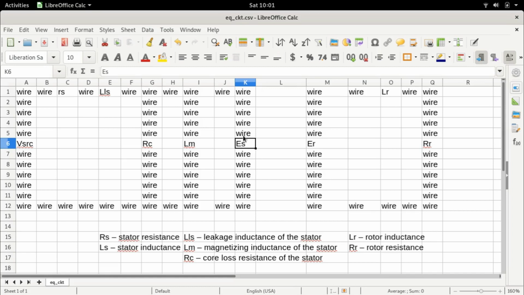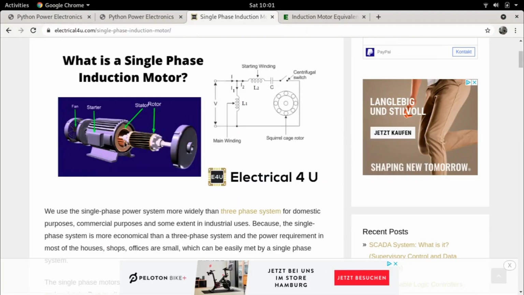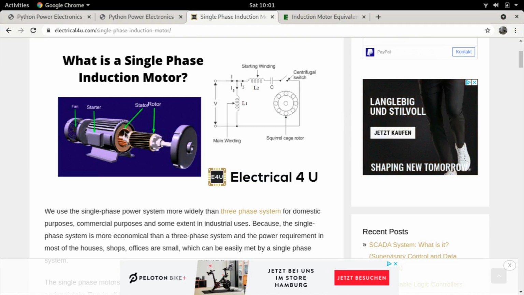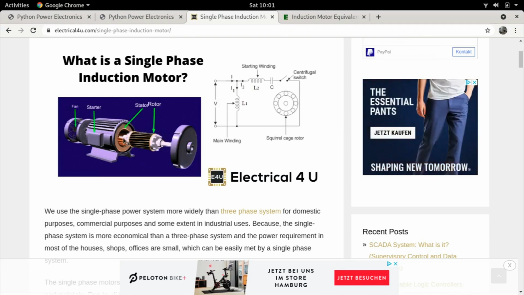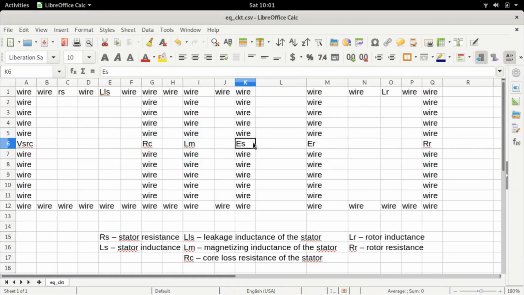And as we have already seen, since the flux that is produced by this stator and is in the air gap, okay, we are excluding the flux which is leaking, the flux produced in the air gap links with the rotor as well. And therefore, since we have a flux which is changing and is linked with the rotor, there will also be an induced EMF in the rotor, and that's given by ER.